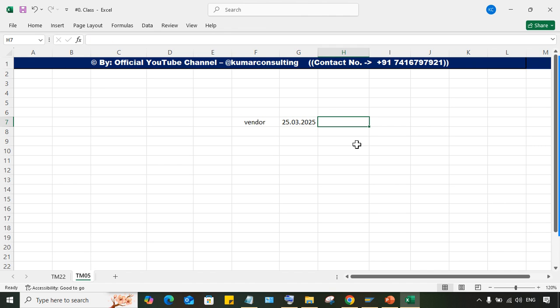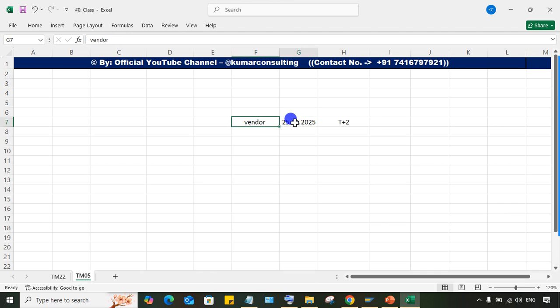Let's suppose the payment method is bank transfer. The instruction is given to the bank, and the bank will transfer the money to the vendor. It takes T plus 1 or T plus 2, whatever. So what do T plus 1 and T plus 2 mean?